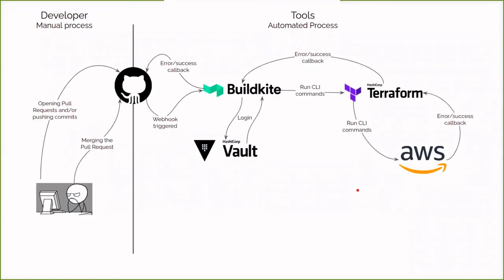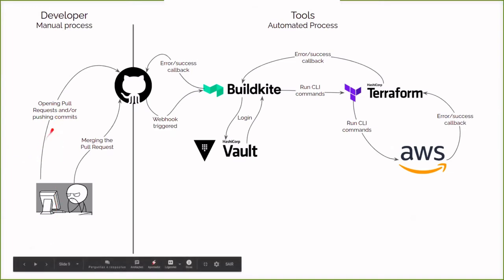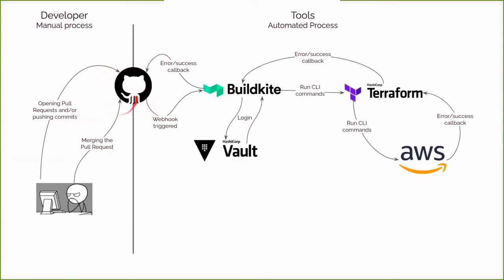And this is how the entire process looks like. So here on the left side, you can see the manual process, which will be done by the developer. So open the pull request, pushing commits to the remote branch. Here we are using GitHub, but it could be another VCS tool.